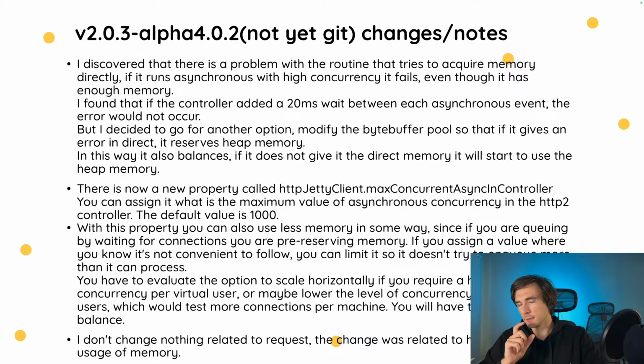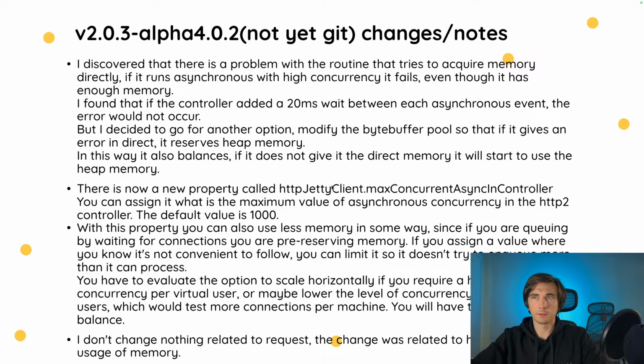But he made it work in this way: if direct memory allocation fails, then it starts to use heap memory. And if you don't have space in heap, it will try to garbage collect and free up some memory. So at least it will not fail with this direct buffer error. And he also added another property called HTTP Jetty client max concurrent async controller.